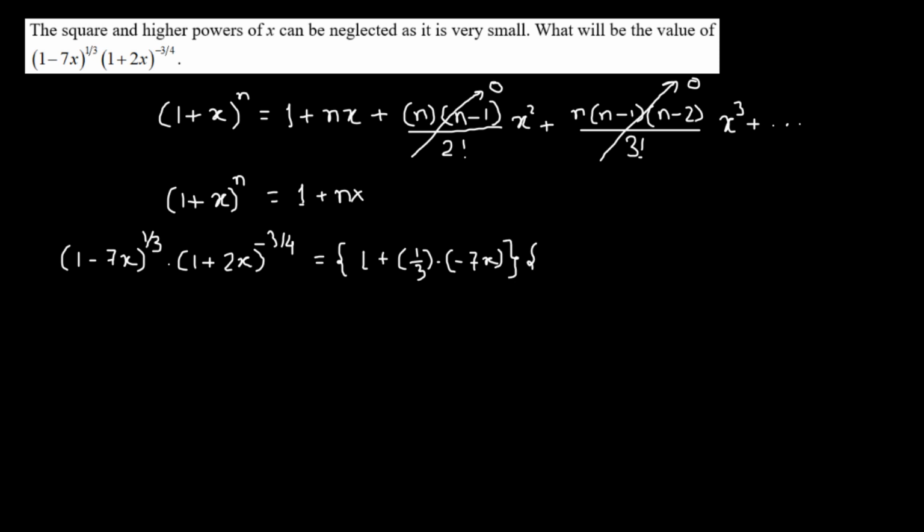And for the second expression we have 1 plus -3/4 times twice of x.